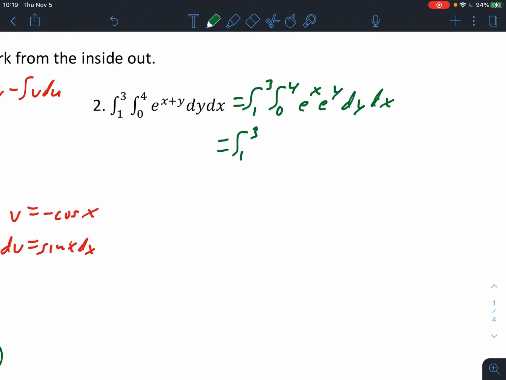So e to the x is basically a constant. Think of this as the integral of 2e to the y dy. It's the same thing. So e to the x is just our constant that remains, and then the integral of e to the y is just e to the y from 0 to 4 dx. Now we can substitute 4 and 0 in for y, and we get this.